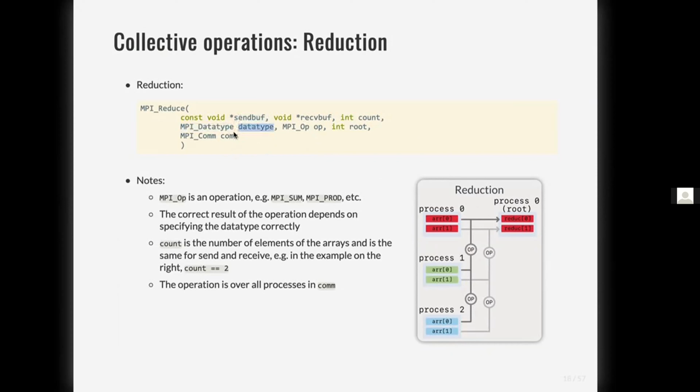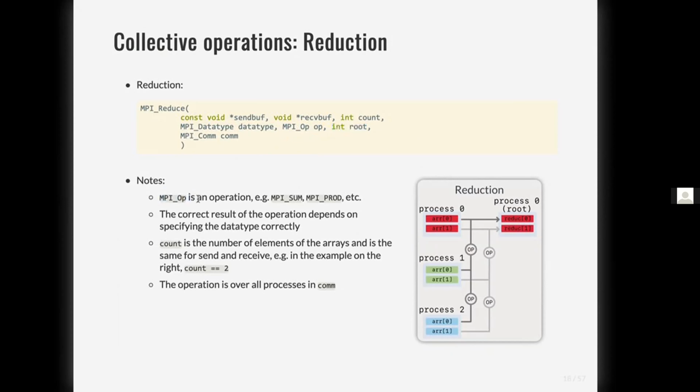You only specify it once, because if you're going to do an operation on them, then of course they have to be the same data type on the receiver and the sender. Then this operation here is an MPI_Op type, and then you specify the root process, which is where the actual reduced array should reside after the operation, and the communicator.